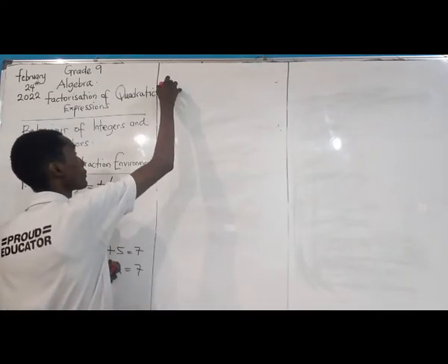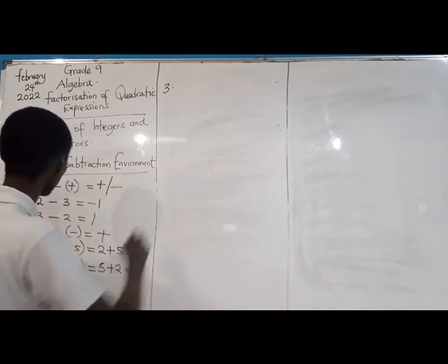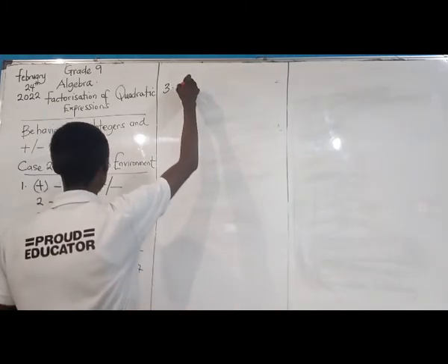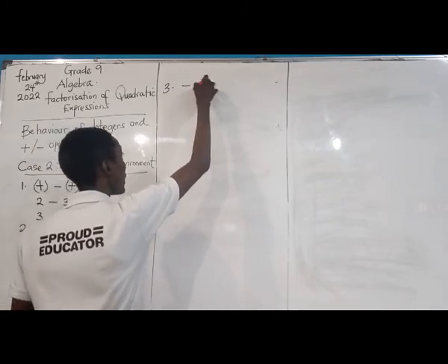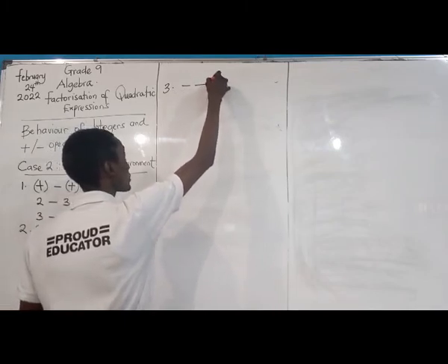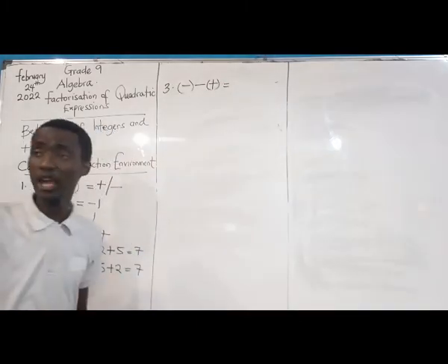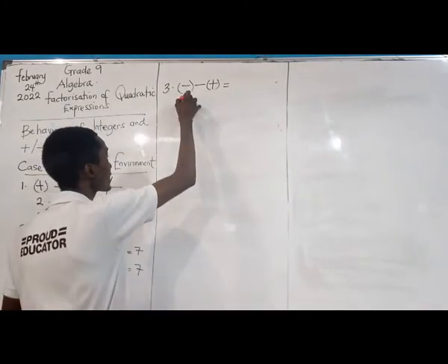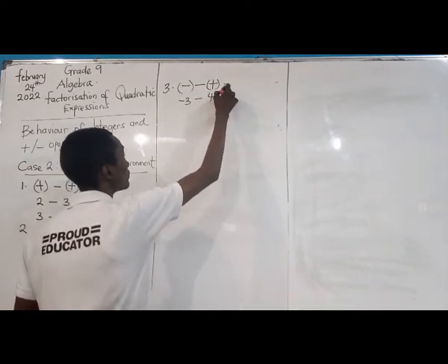Now that's for number 2. Let's go to number 3. In number 3, what do we have? Negative minus positive. So as usual, we play with scenarios. We're going to have, let's say, negative 3 minus 4.